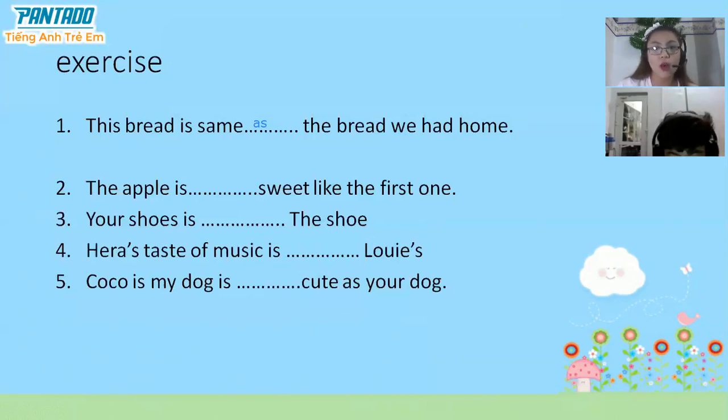This one isn't finished. Okay, so let's skip number three. What about number four? Era of music. Okay, very good. So what about number five?